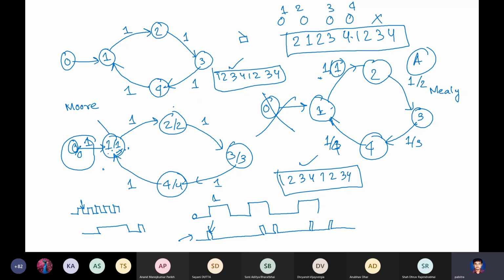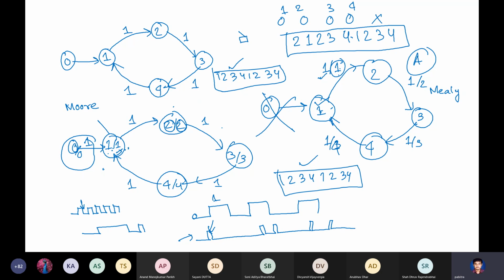It depends on this as well as this, and these two determine W. Whereas here, the output depends on only the state. It is independent of the input. So this is just a representational difference. Mathematically, both are the same structure.